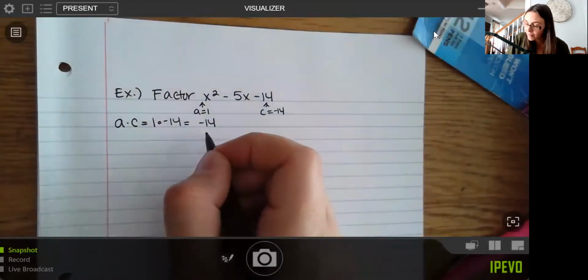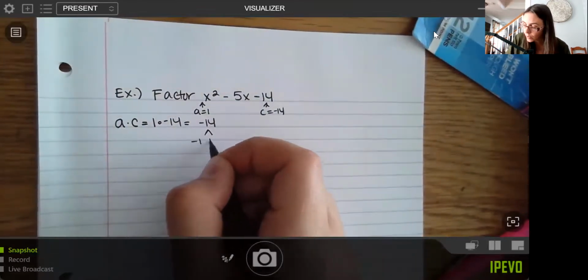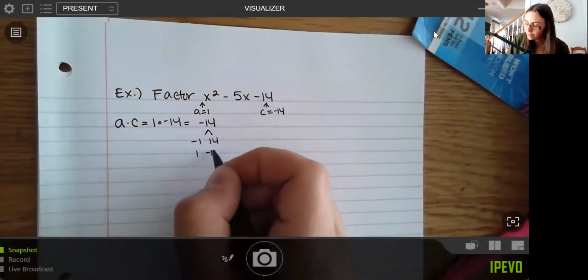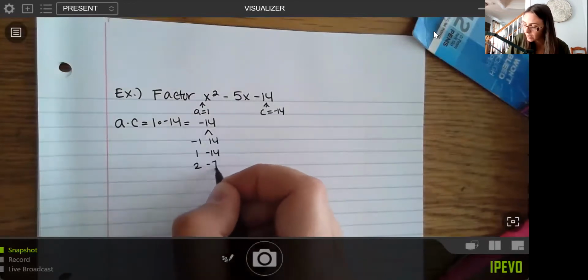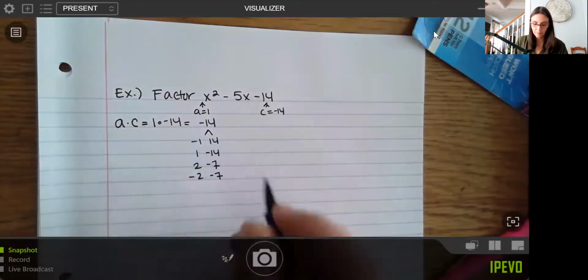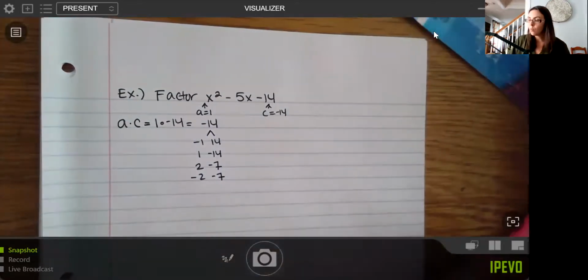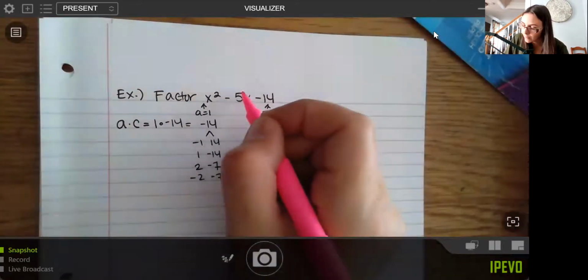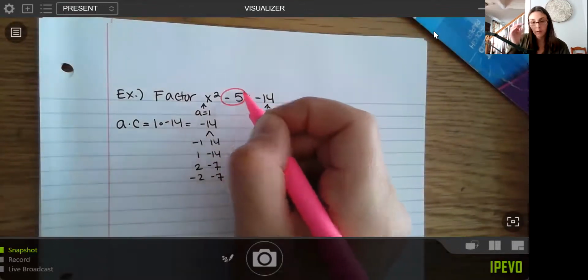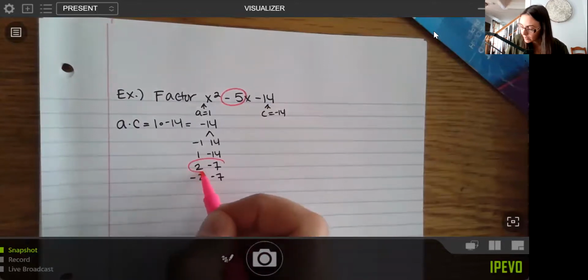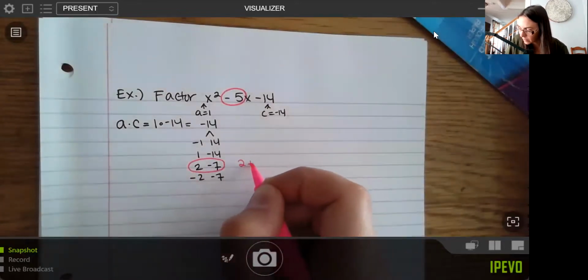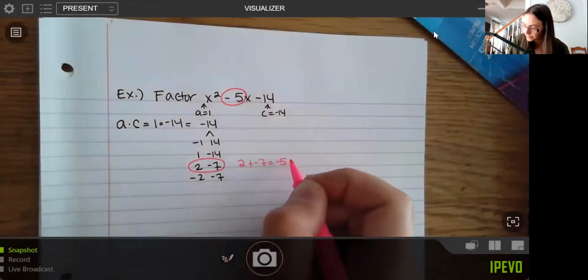And then I list all my factors. -1 times 14, 1 times -14, 2 times -7, -2 times 7. And what I want here is I want that number in the middle. So I want to add them to match. And the one that works here is this one, right? 2 plus -7 equals -5.